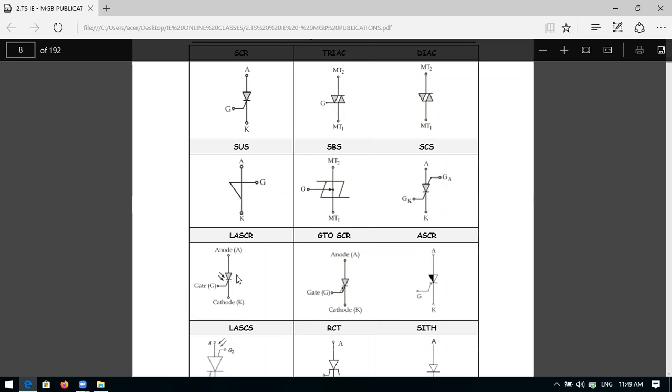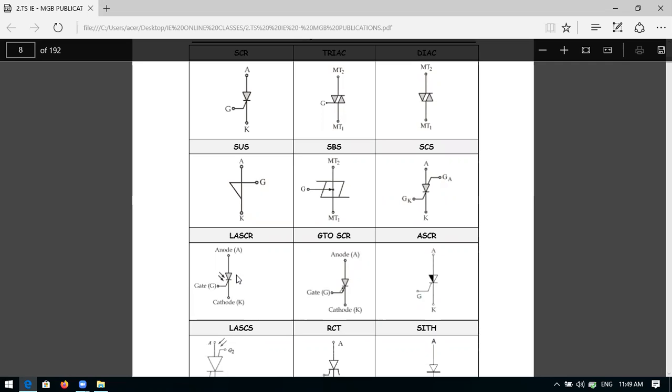The name itself has the meaning that it will activate the device by emitting light onto the junction between a cathode and a gate. So that is the reason it is a light activated SCR.